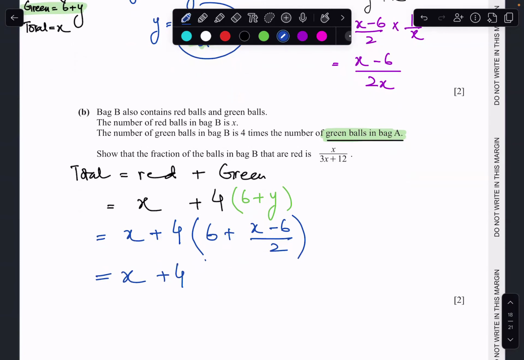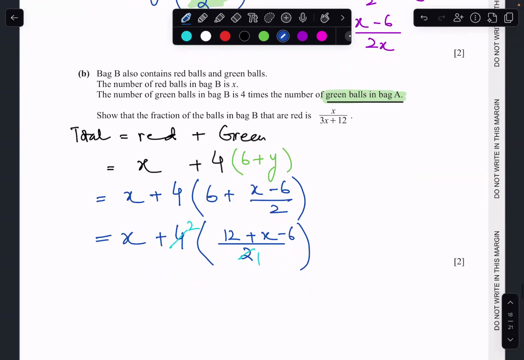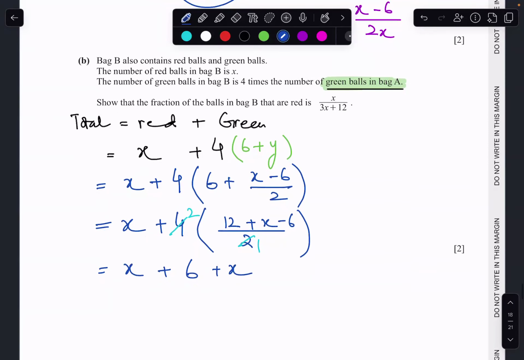So we have, Rafi, is that clear? Yes, sir. Now I can just cancel this out. 2. Now we have X plus 12. Sorry, 6 plus X. Okay.